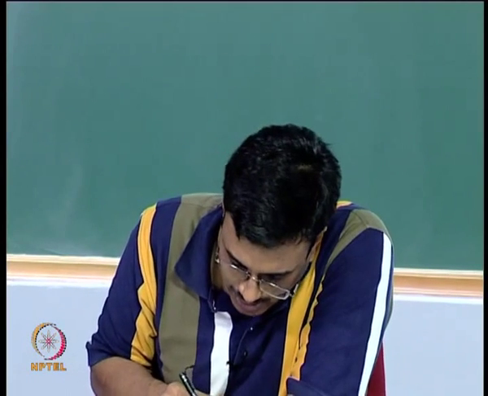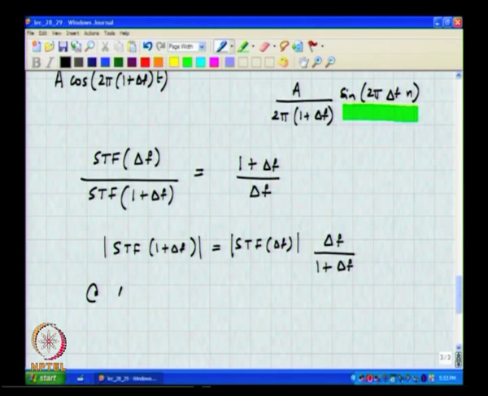So, for delta f equal to 0, the magnitude of the signal transfer function at 1, which is the sampling rate, is STF at 0 times 0. STF of 0 is what? The STF at DC is 1.